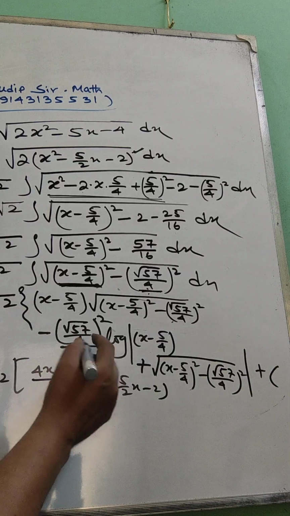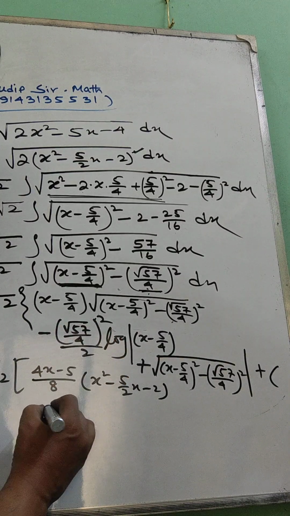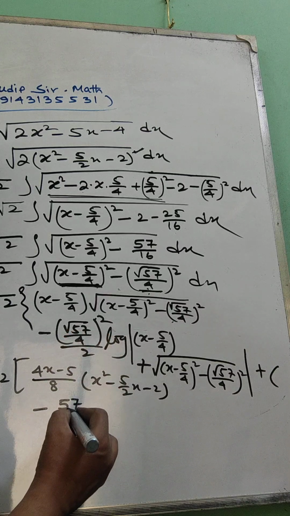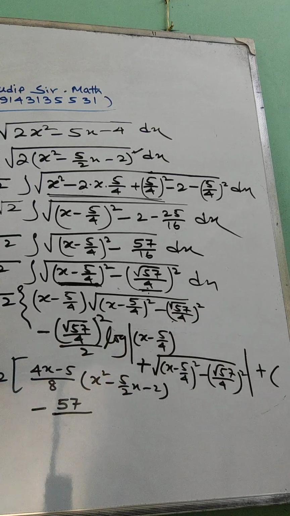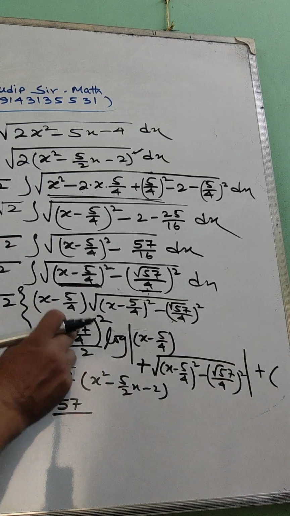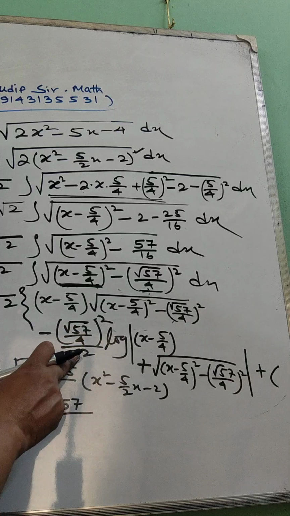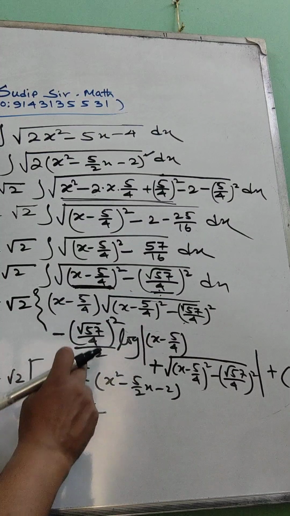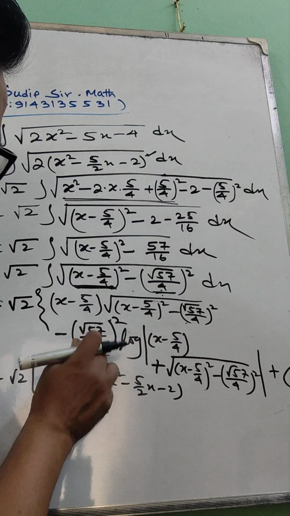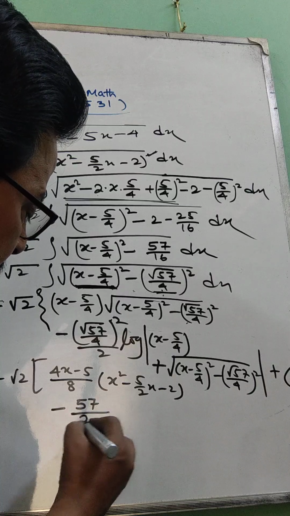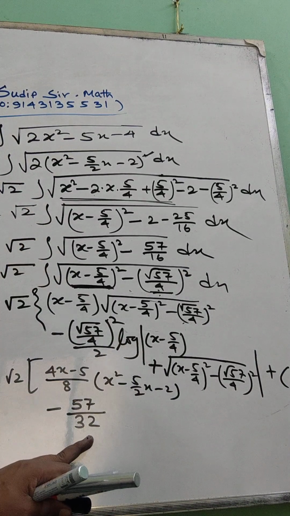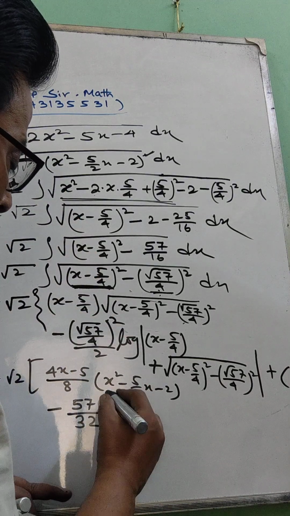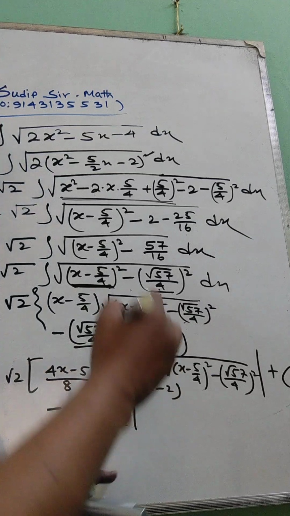Okay, now this part, if you simplify this part, minus 57 by 4 square, 32 into 2. 4 square is 16 into 2, 32. So this part will be 57 by 32 log of mod.